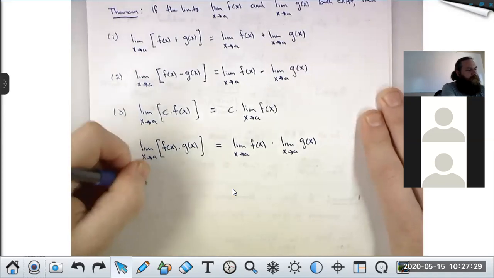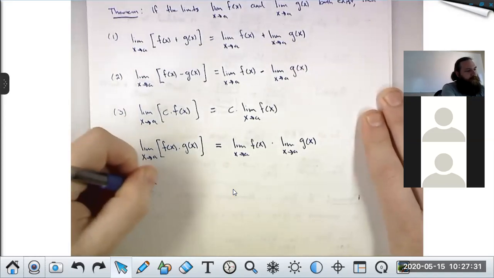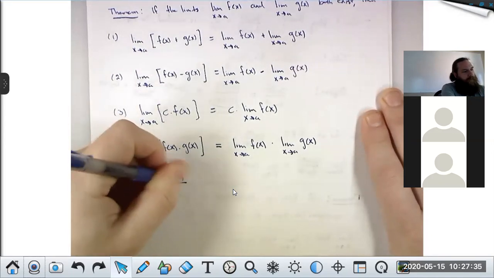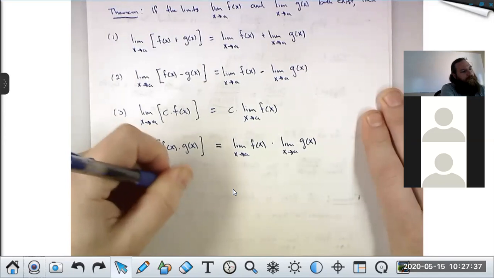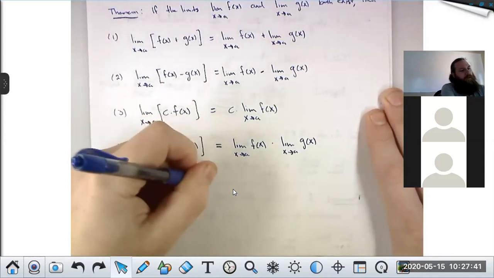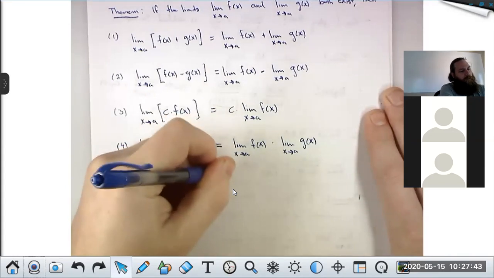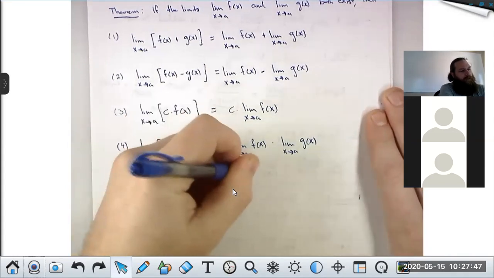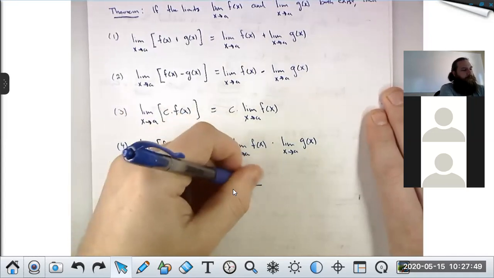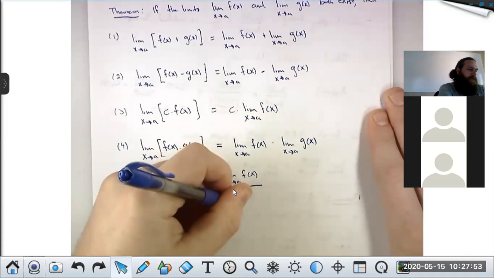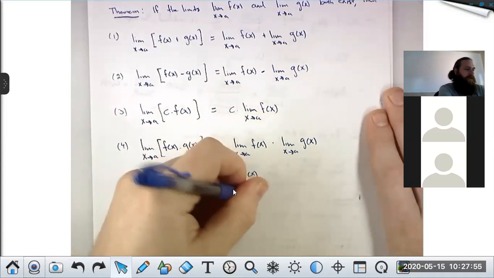The result for the quotient looks how you would think it does. And you can put it in these square brackets if you want. That's equal to the ratio of the limits. That's the limit as x goes to a of f divided by the limit as x goes to a of g.